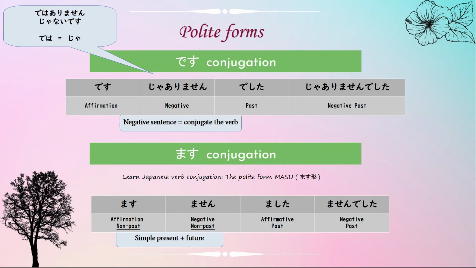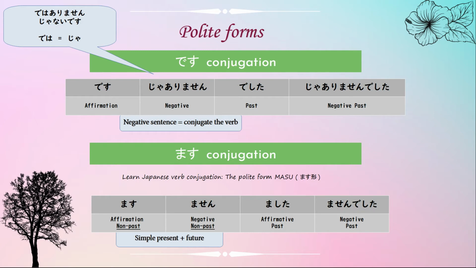And just to add some things that might not be explained enough in the videos. So first, in Japanese, to make a negative sentence, you have to conjugate the verb. It's not like in our languages where you have to add, for example, not, or where you have to add an auxiliary like don't. You have to conjugate the verb and then your sentence becomes a negative sentence.